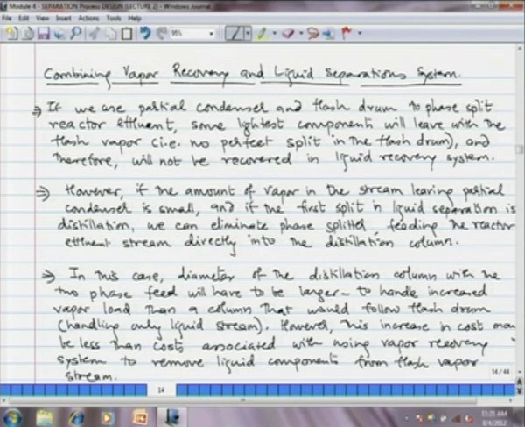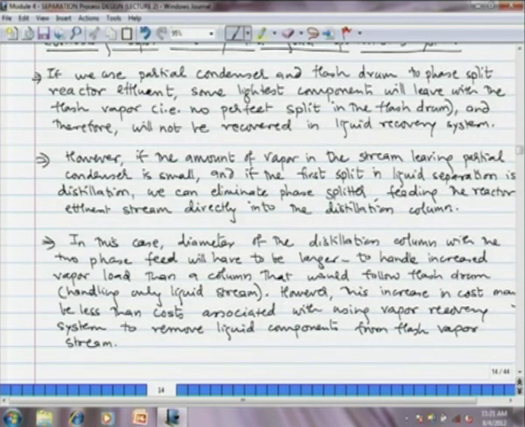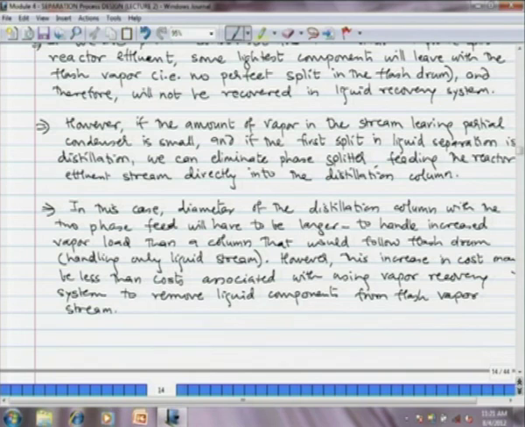It might increase the diameter of the distillation column, because the vapor coming in the feed also has to be accommodated, but that will take off the phase splitter. So you reduce one unit from the process, which will bring down the fixed cost. In this case, the diameter of the column with the two-phase feed will be higher, as I just showed, to handle the increased vapor load, but at the same time the cost associated with the vapor recovery system to remove liquid components from flash vapor will be reduced.